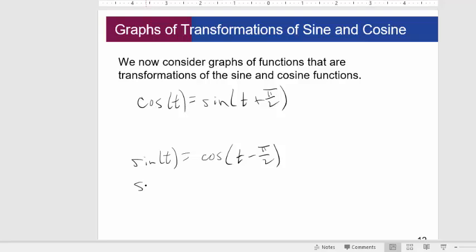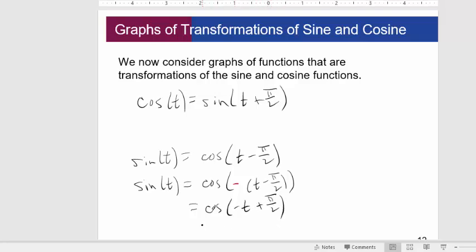So the sine of t is really the cosine of the opposite of this thing, the negative of t minus pi over 2. But if you distribute that negative sign, you get the cosine of negative t plus pi over 2, which you have probably seen written as the cosine of pi over 2 minus t. So what we know is that the sine of t is really the cosine of pi over 2 minus t.